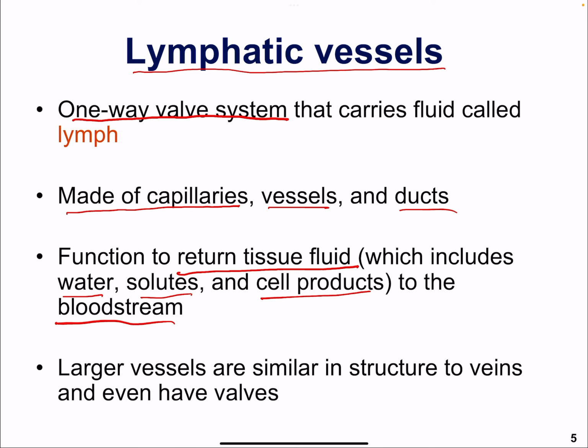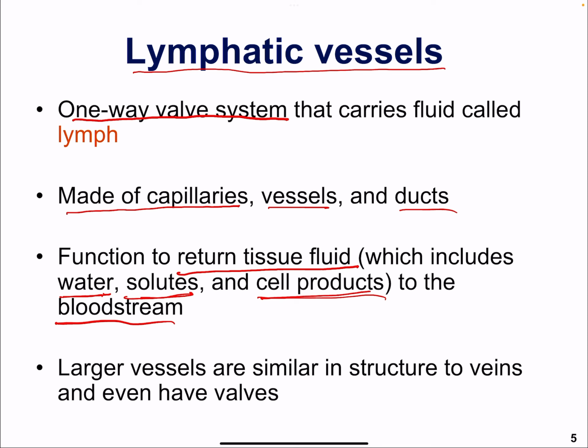And notice that here we have water, solutes, and cell products. Cell products are carbohydrates, proteins. So basically, we are talking about the plasma that leaves the bloodstream to go into the lymphatic vessels.